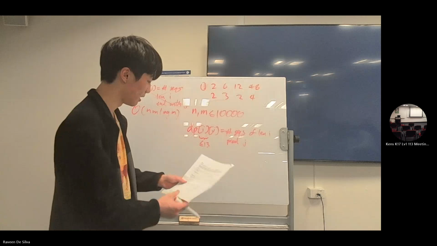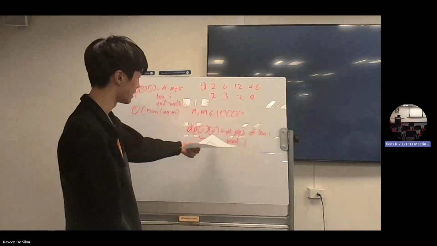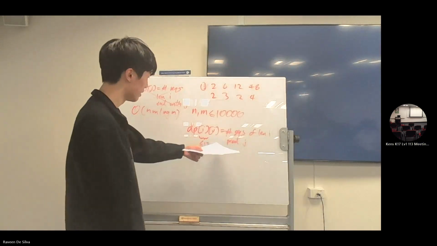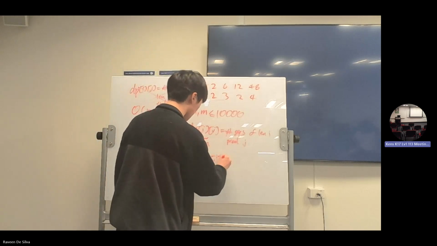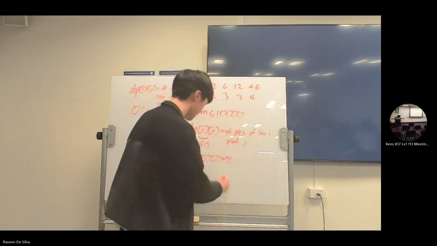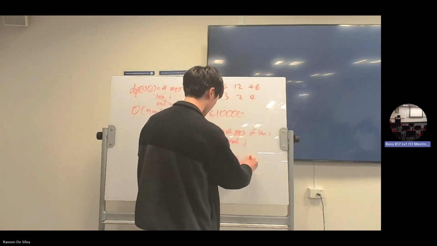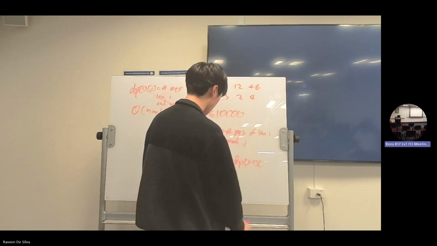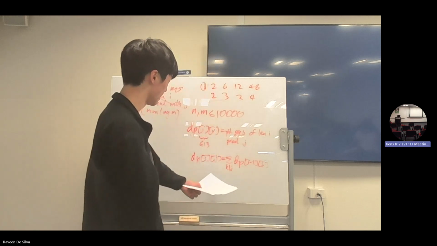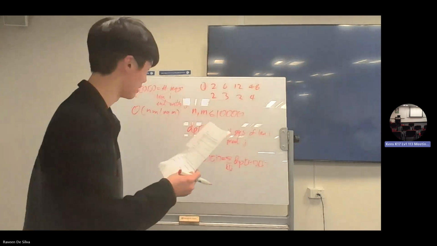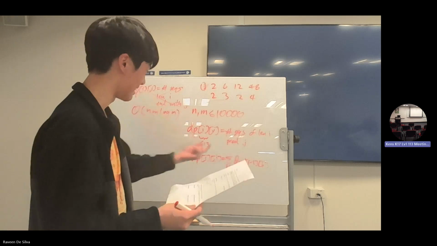With this DP, the transition is that you calculate all the factors of j. So dp of i, j will be the sum over all k that divides j of dp of i minus 1, k. Yeah, I think that's correct.